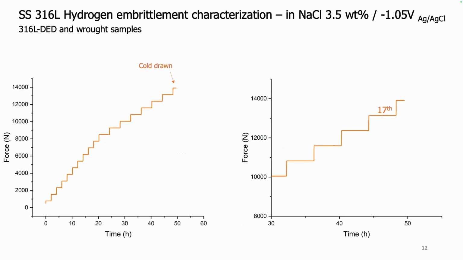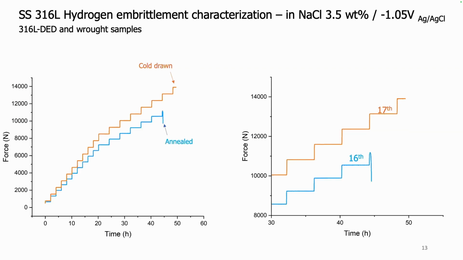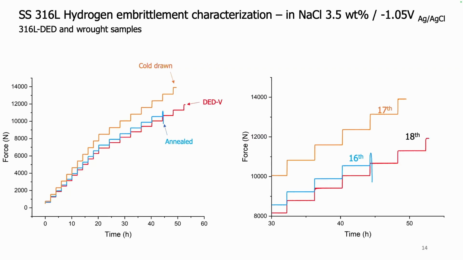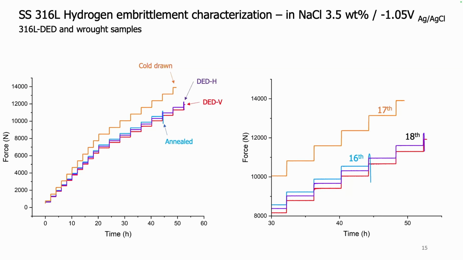So jumping into the results, that's the cold drawn. The material did 17 steps, and it was very consistent. When we compare against the annealed, it ranged from 14 to 16 steps. And now when we plot the DED vertical and horizontal, the material completed 18 steps.